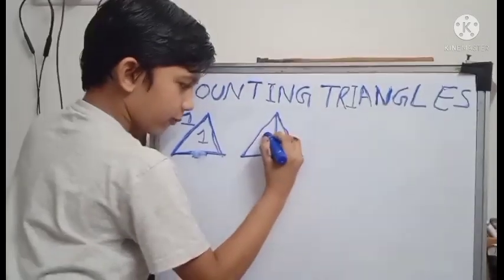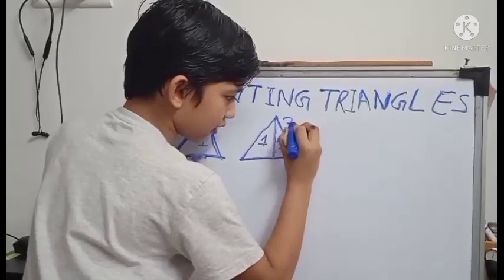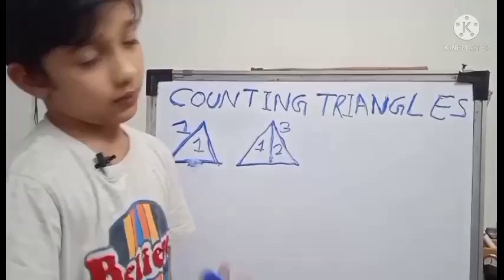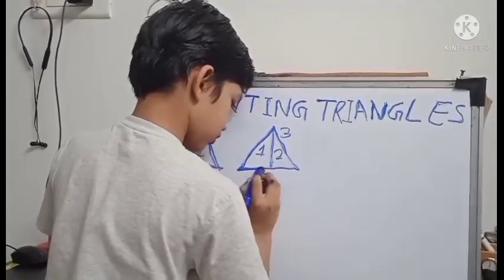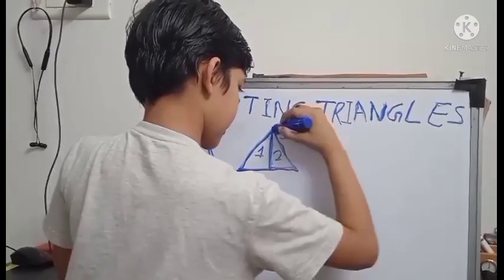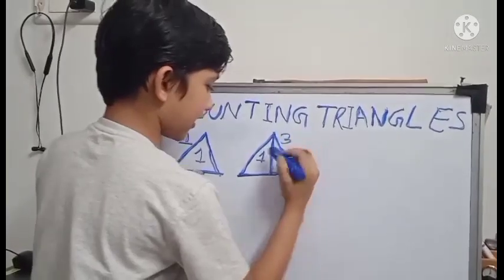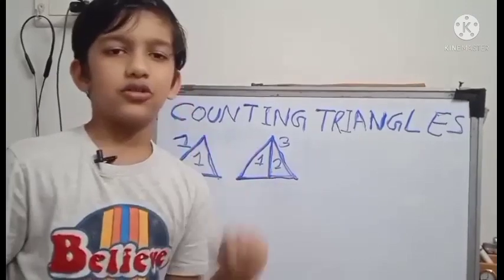This part is 1, this part is 2, and the outer surface is 3. These are the first two triangles, and these two combine and make 3. This triangle is the outer triangle.